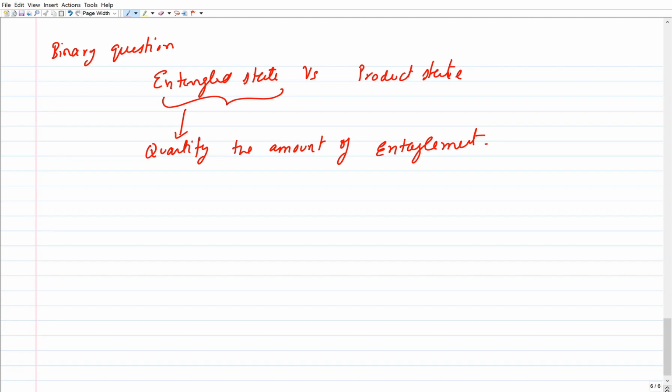So in other words, I know now that a state that is not a product state is an entangled state, but what is the degree of entanglement in that state? Is it nearly zero entanglement, or does it have nearly maximal entanglement? In general, that's going to be our focus, and for that we come to something called the Schmidt decomposition.